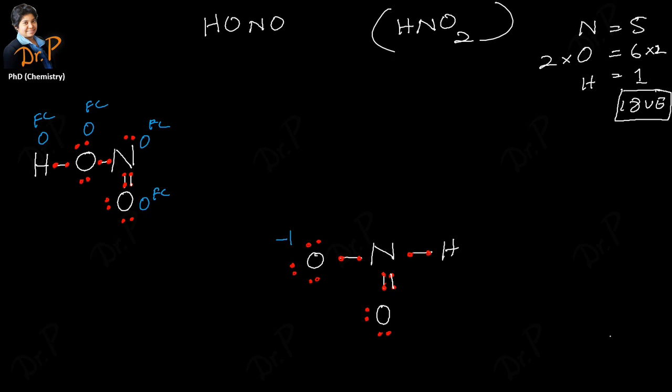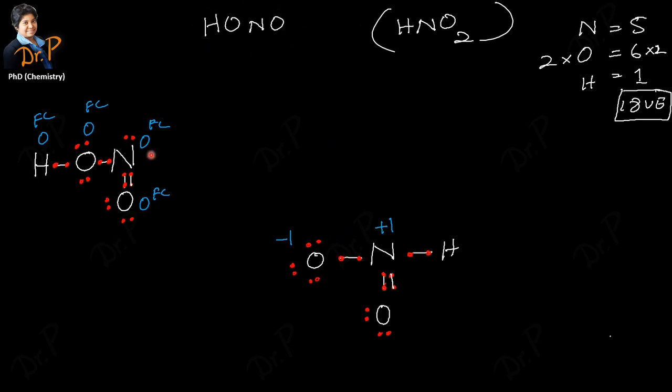And every time nitrogen has 4 bonds, it will end up with a +1. So you can think this structure is also correct because -1, +1, the charges cancel off and you at the end reach this neutral structure.